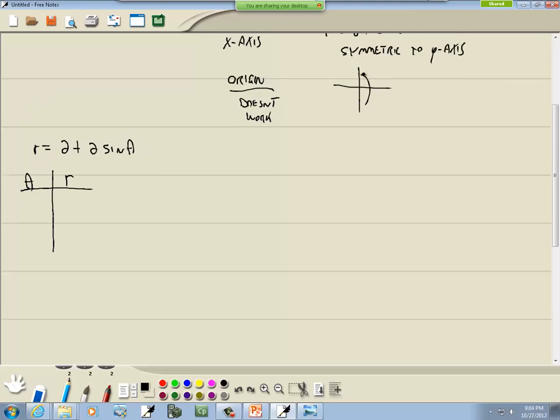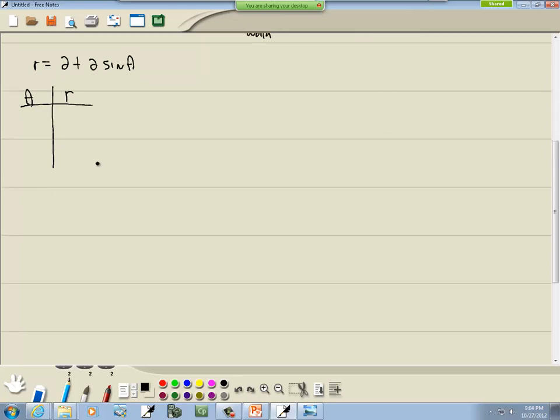Now I'm going to remember what we're looking for. I'm going from up to here, so that's from 0 to pi over 2. So I'm going to get every angle going up there: 0, pi over 6, pi over 4, pi over 3, and pi over 2.